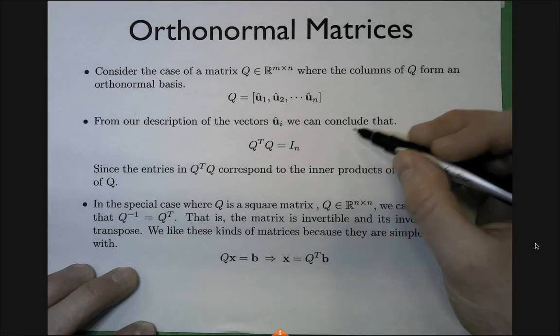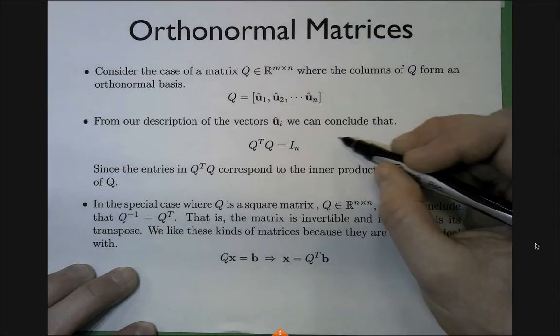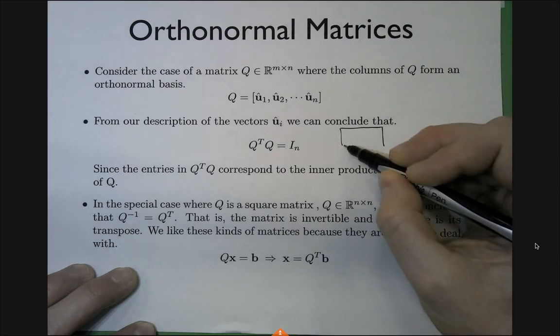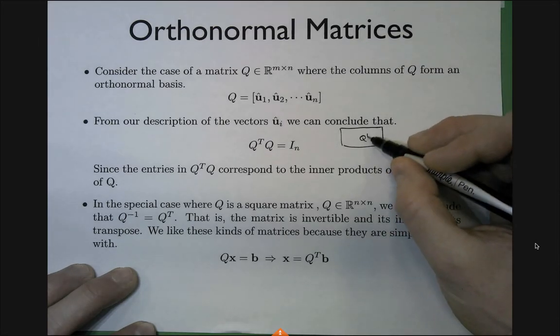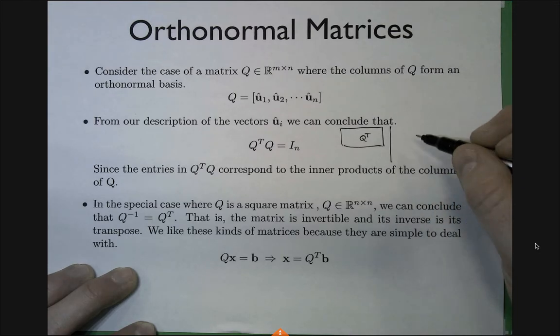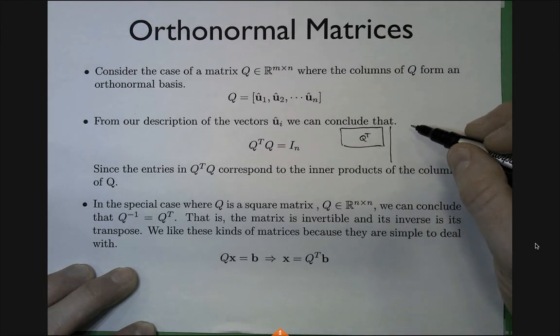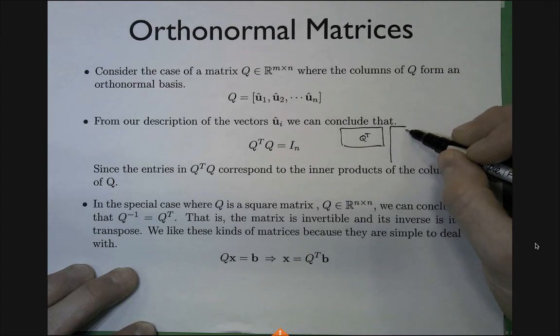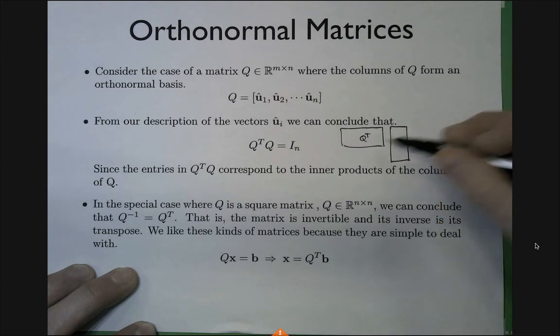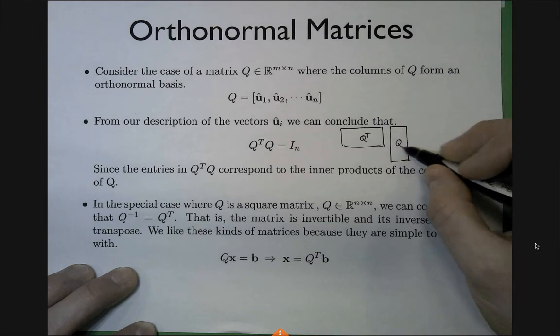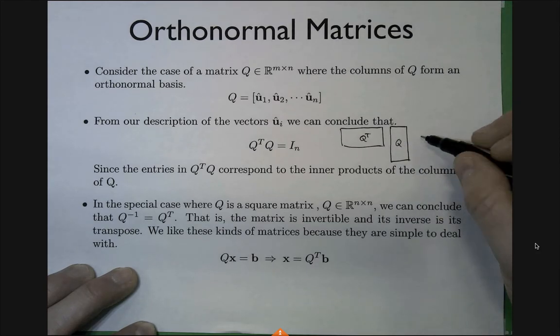Because again, let me do it graphically. This is my QT, and this is my Q. Yeah, that's correct. I was just thinking about the dimension. These are actually the right dimensions. And I want this to be identity.